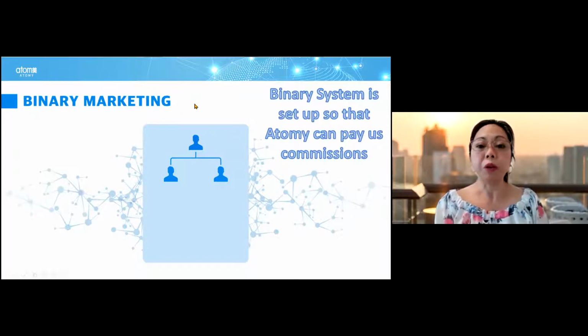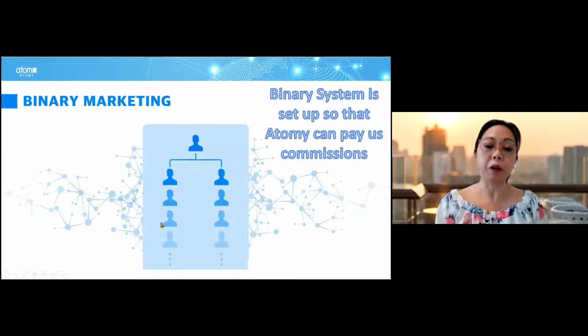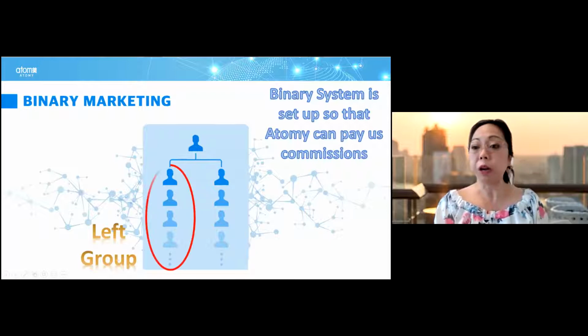So what do we do? We put them under the first 2 people, the first level under them. So we put them over here and over here. And then if there's more, you put them under those people, the second level, and then you go to the third level too. So you put them under, so it's a binary system. So this is your left group, okay?